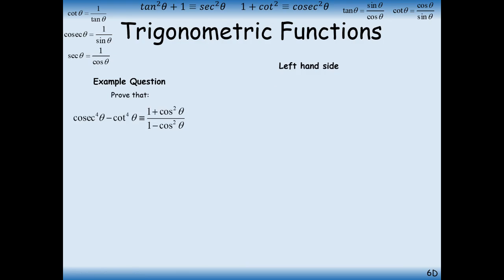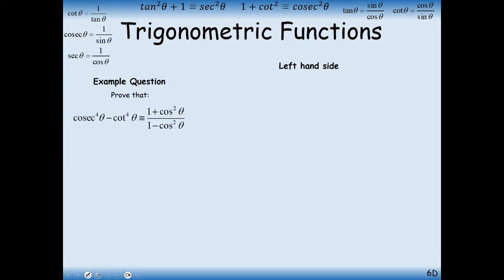Okay, so in this example, we've been asked to prove that cosecant to the power of 4 minus cotangent to the power of 4 is equivalent to this fraction, which is 1 plus cos square over 1 minus cos square. So what can we do here?